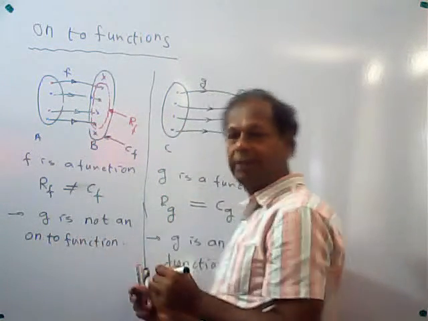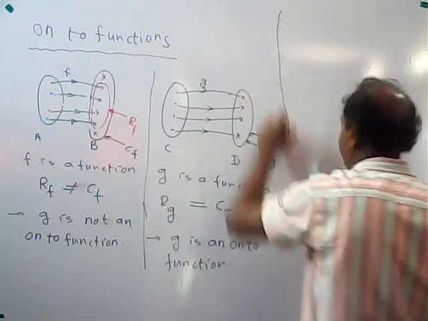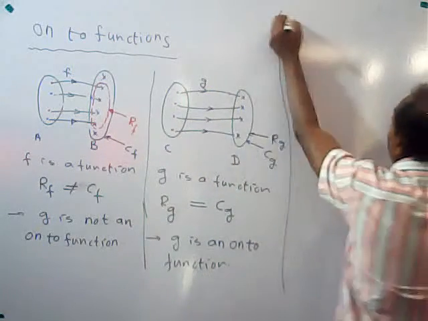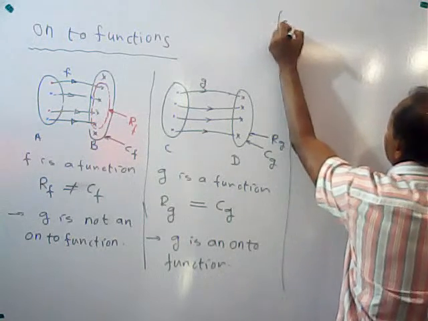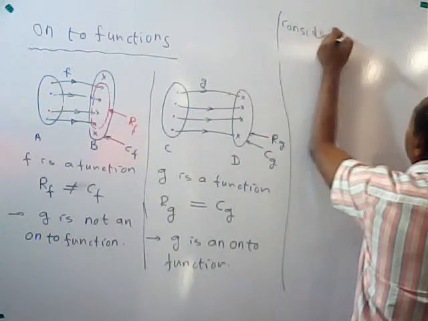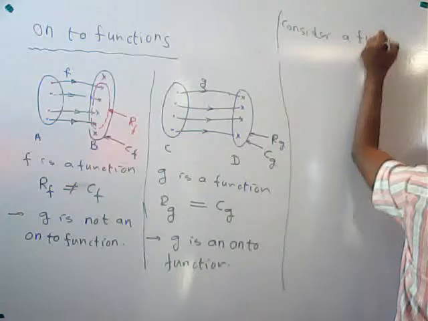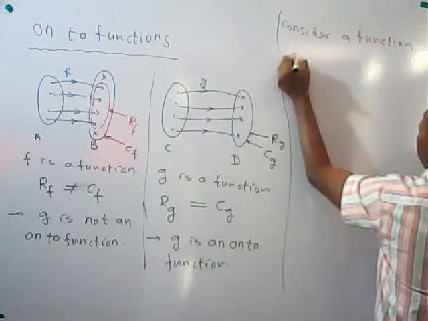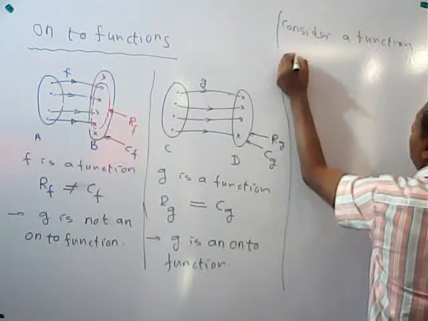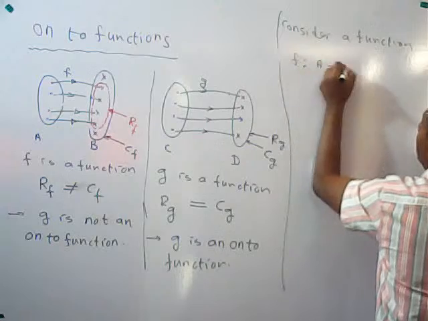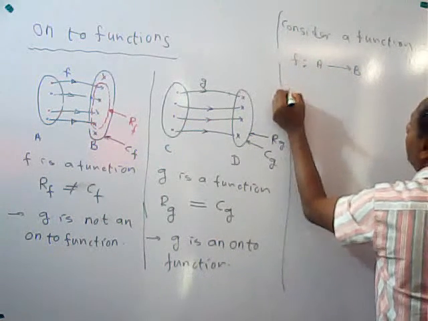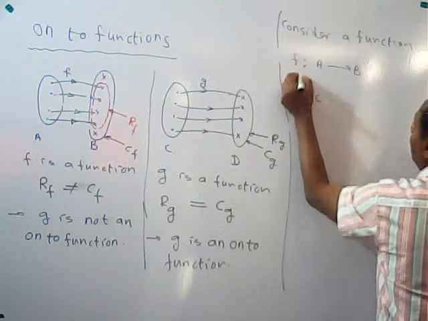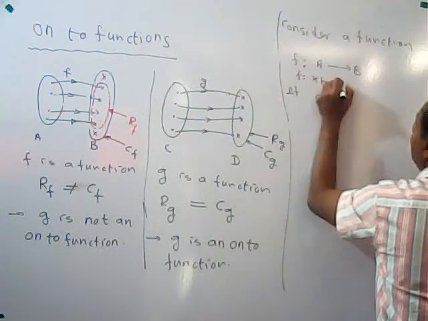Okay, that's roughly speaking. Now we will write it formally. Consider a function f which goes from some A to B, where an input x will output f(x).